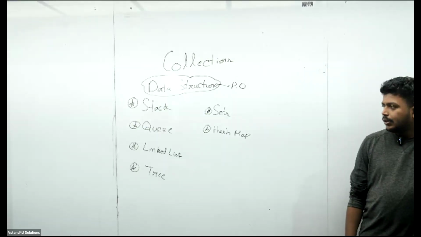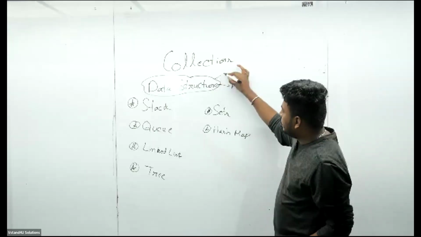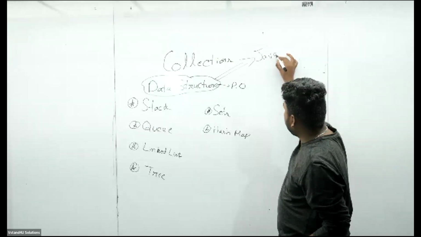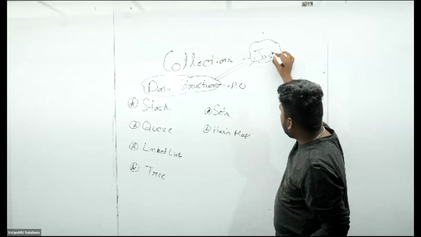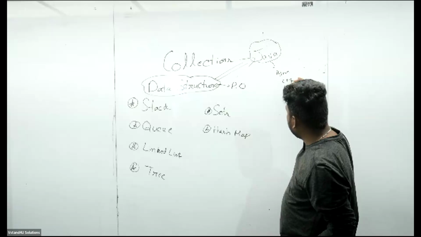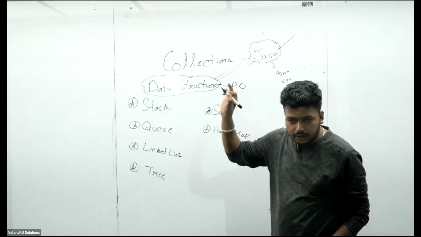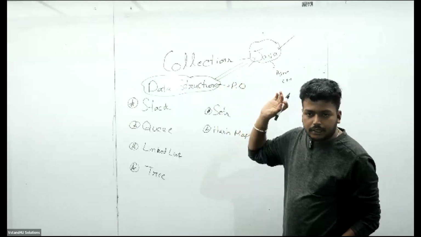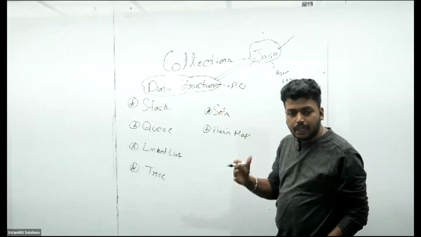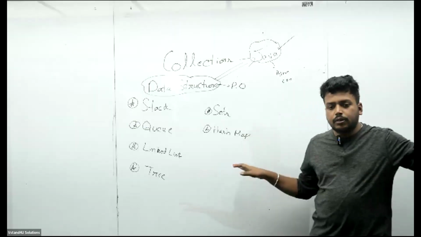But if you learn data structure using Java, apart from Python and C++, you can understand it in a very easy manner. In Python also you can implement data structure, but it is difficult to understand how it works internally.